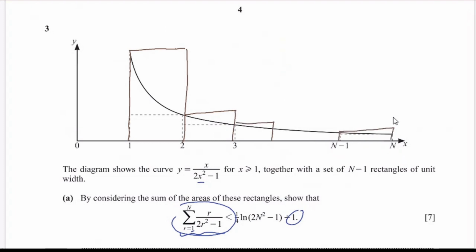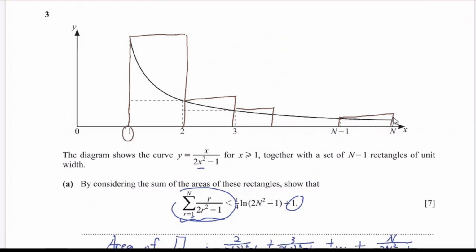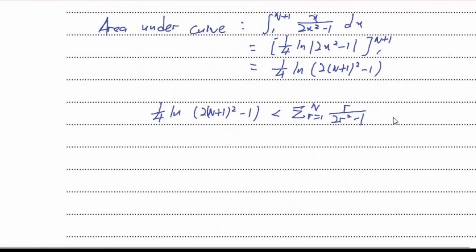The area of the rectangles will start with 1, but the last height is only obtained when we have n-1. So the area of the rectangles that we have here becomes the sum from r equals 1 to n-1 of this sum here.